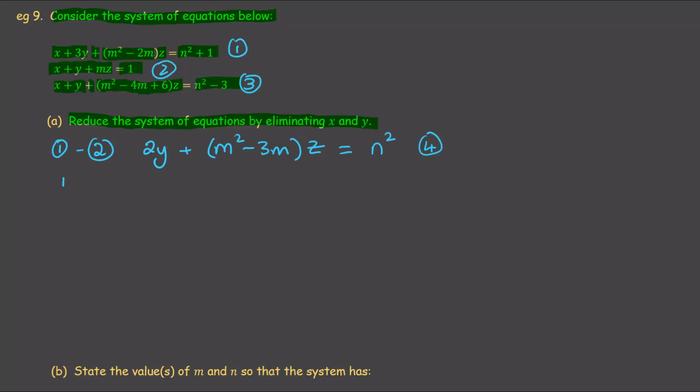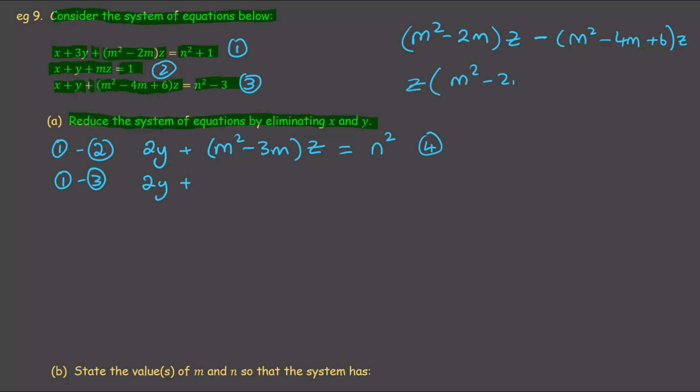Now if I do 1 take away 3, again the x's are going to go. 3y take away y, that one is 2y. And then we've got m squared minus 2m z's take away m squared minus 4m plus 6 z's. So take out the z, and we have m squared minus 2m minus m squared plus 4m minus 6.